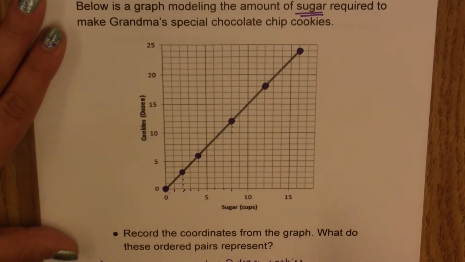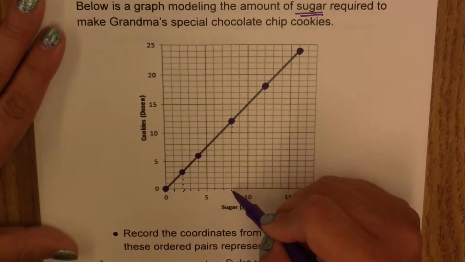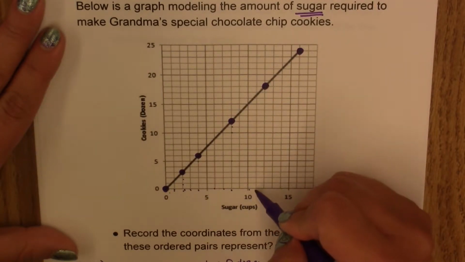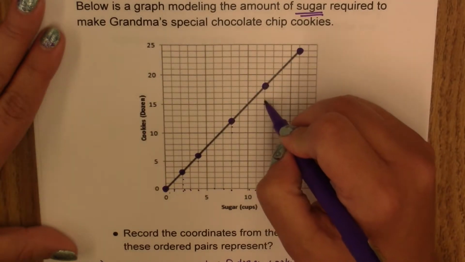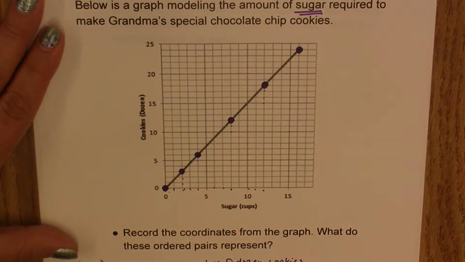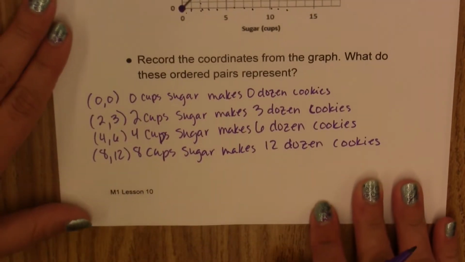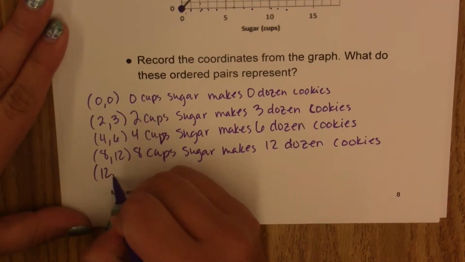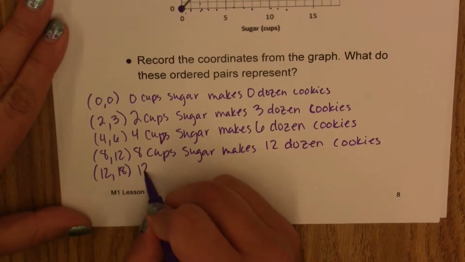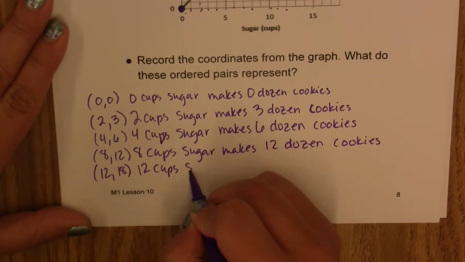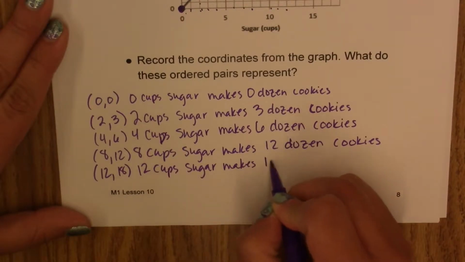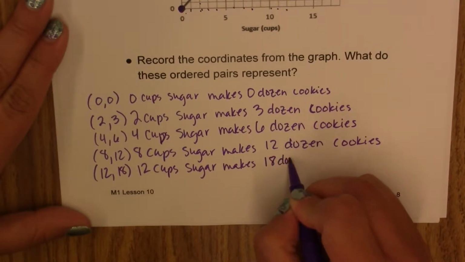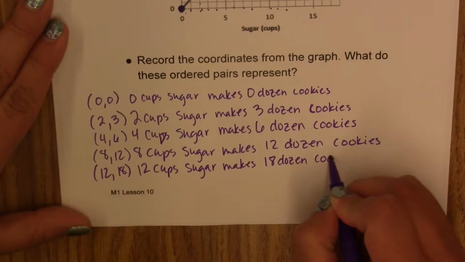Okay, our next point is right here. So see, 8, 10, 11, 12, and then there's 15, 16, 17, 18. So 12, 18. 12 cups sugar makes 18 dozen cookies.